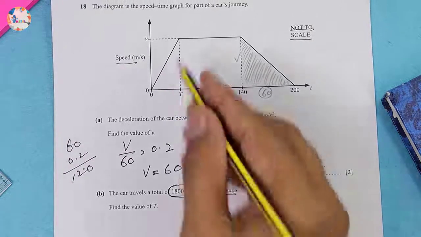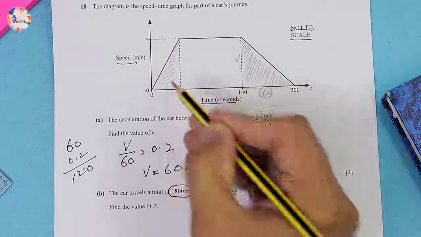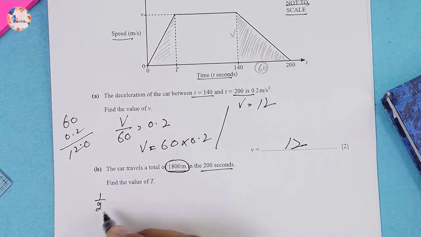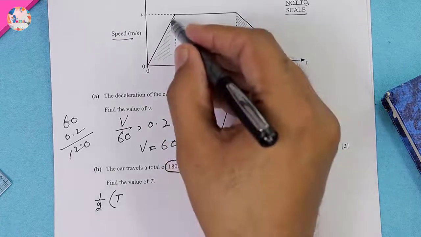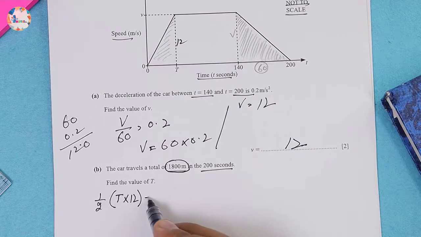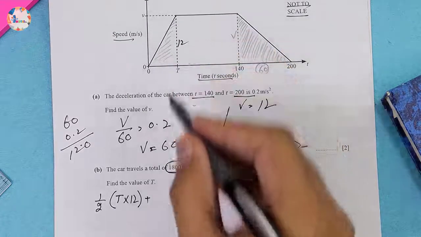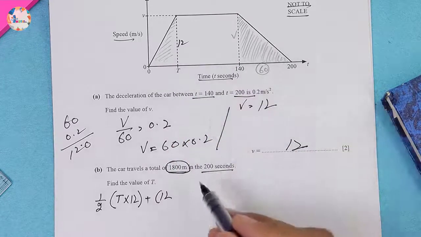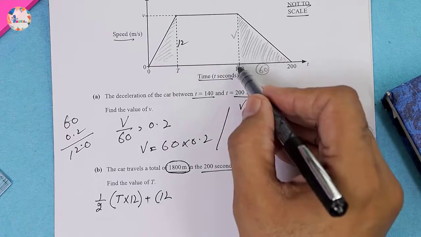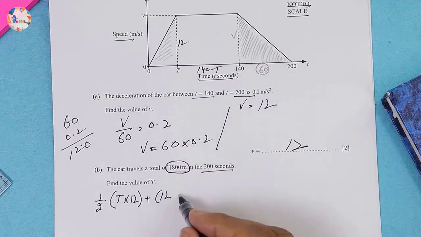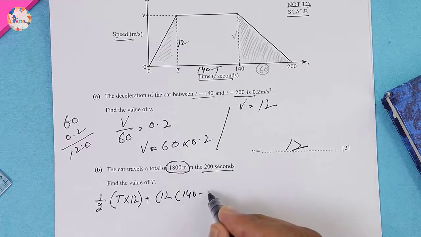This is shape 1, a triangular shape, so it has half into base into height. It will be 1 by 2 into base t, and height is 12, so we write into 12. In this one we will add, this side is 12 and this side will be 140 minus t, so we write 140 minus t.